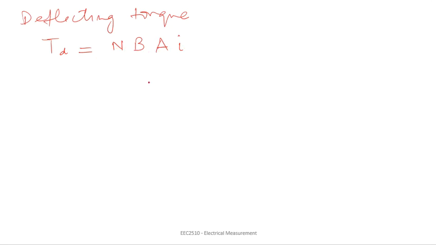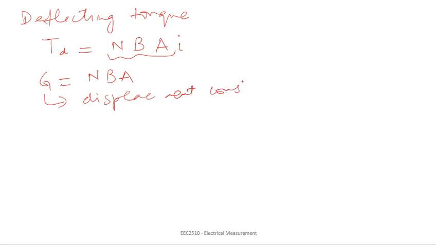Sometimes the product of N, B and A is represented by another constant G. This is called the displacement constant of the galvanometer.